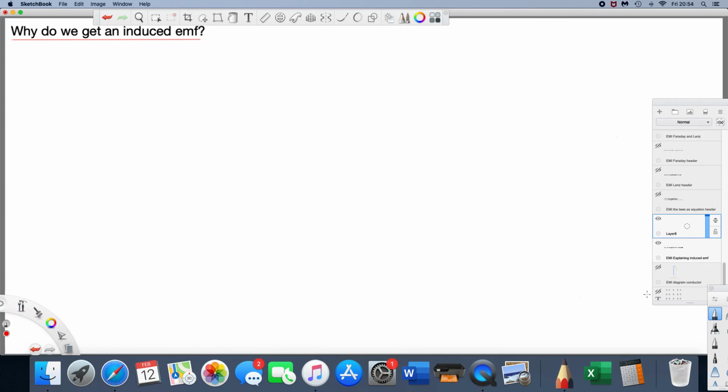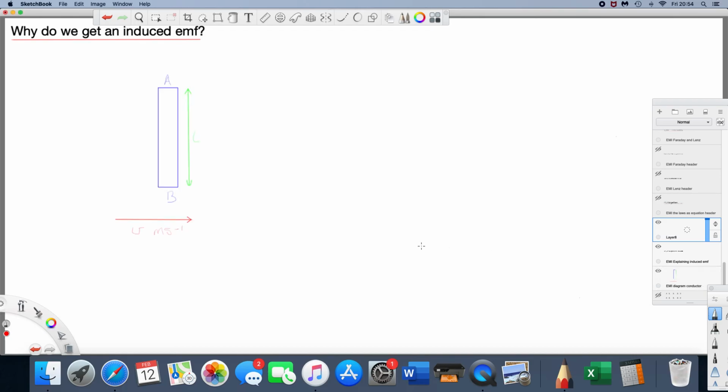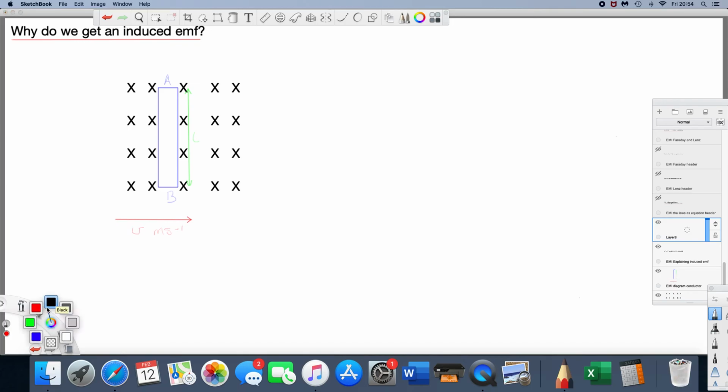Why do we get an induced EMF? What's going on? Let's think this one through then. So let's say we have a conductor, AB, of length L, moving at velocity V through our uniform magnetic field B, flux density B. So in this conductor, it is a conductor because we have free electrons in our conductor.